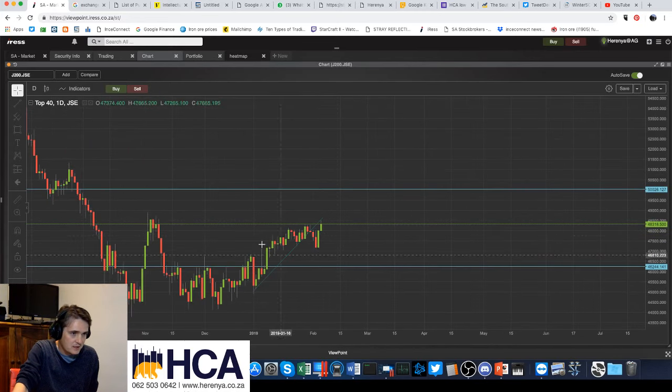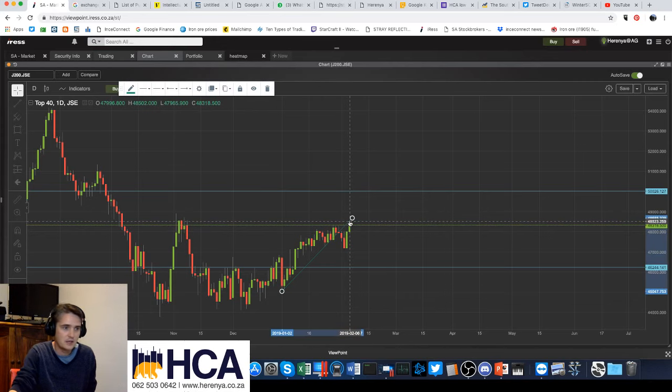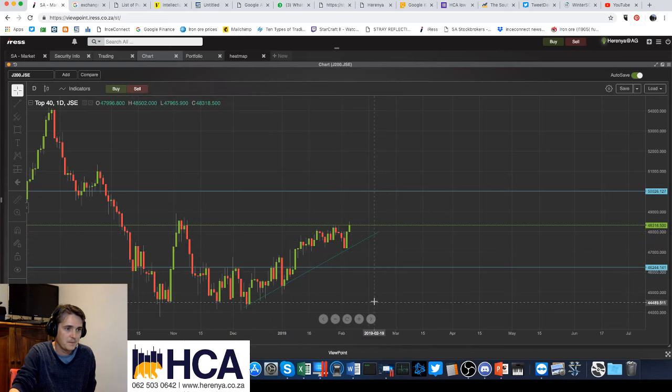What is interesting here is that it's not yet formed a high bar, right? The more time goes by, obviously the more information we have to work with. But we have this little support level here. So we would need to see if this turns out to be a high bar.